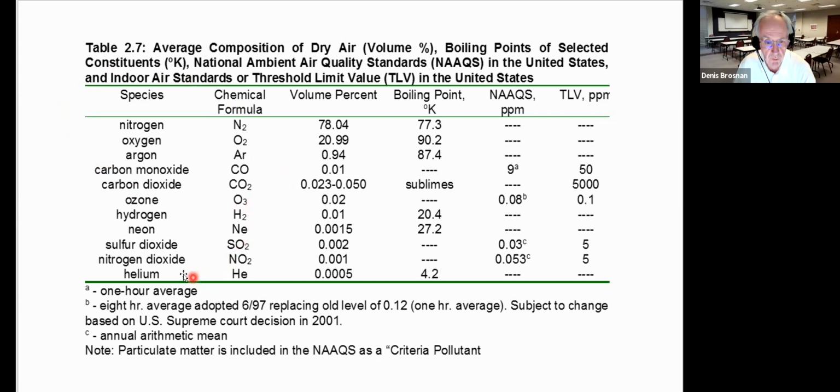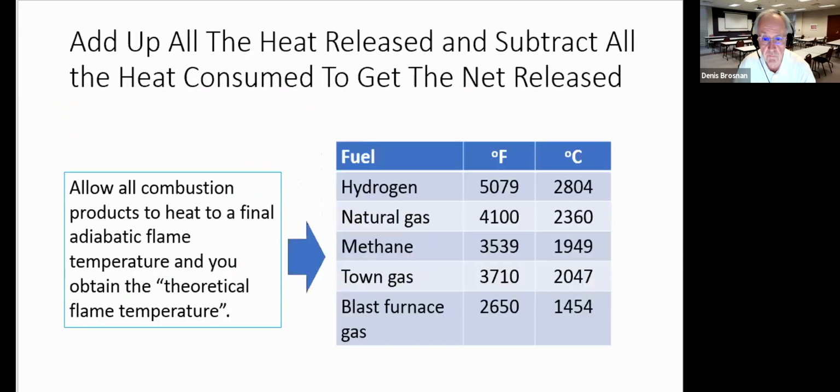Now, the minor constituents of air are here, and we typically don't talk about anything in combustion calculations below argon. Argon at about 1%, and nitrogen and oxygen are the things that we use in combustion calculations if we were going to do them. We're going to let the computer do those combustion calculations for us.